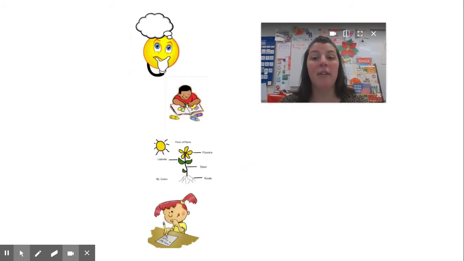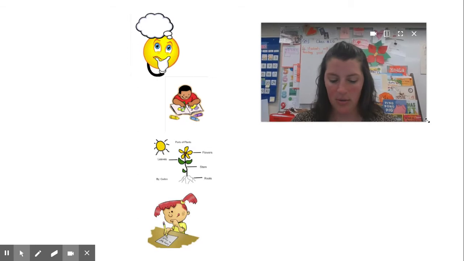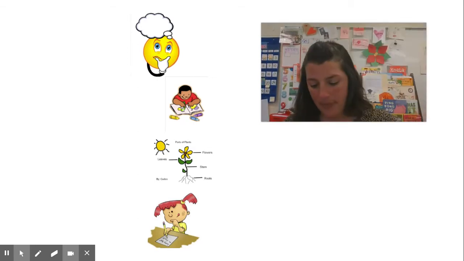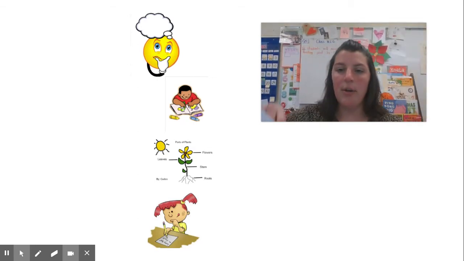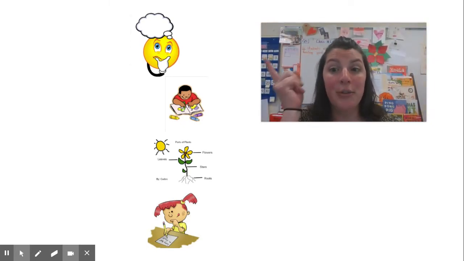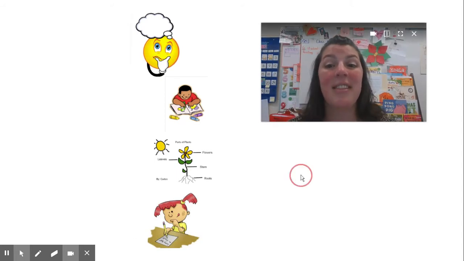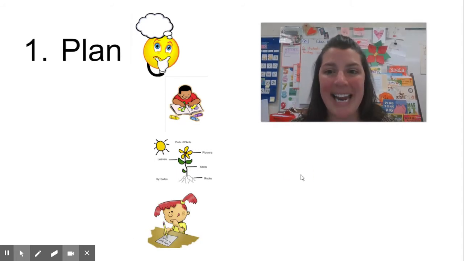Today, I'm going to review the steps with you so that you can start a new book, and you can choose if you're going to use how-to paper or if you're going to use picture paper with lines. But either way, the first step is to think and plan.